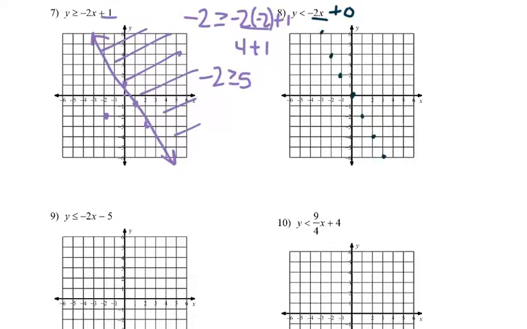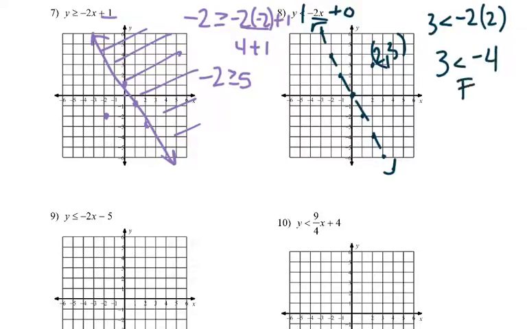Okay, there's no line underneath it, so draw a dashed line. Pick a test point. How about 3, 2? Or 2, 3, I should say. So y is 3, 2 is x, 3 is less than negative 2 times 2, which is negative 4. That is false, so we shade the opposite side.